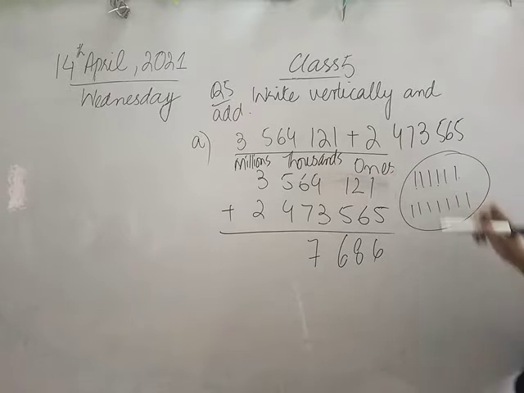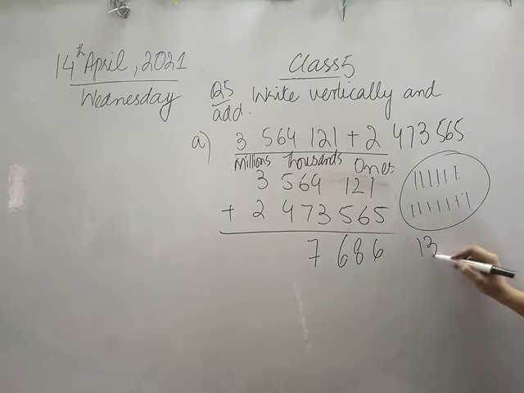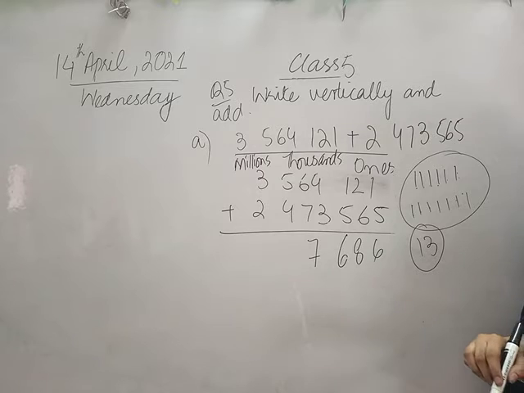So in total I have 13. I have a 2 digit number. Okay? When I added this, I got a 2 digit number.